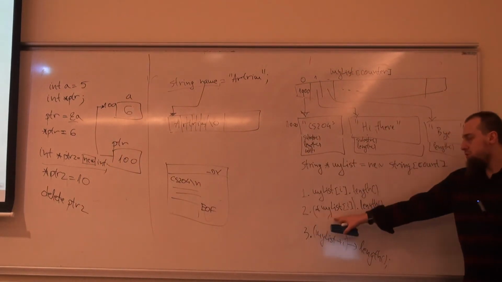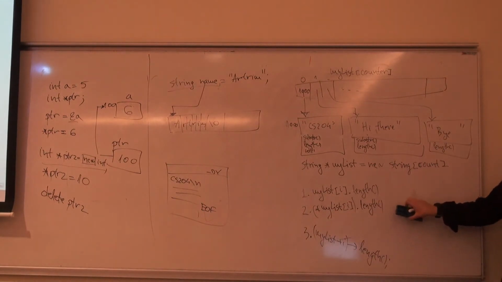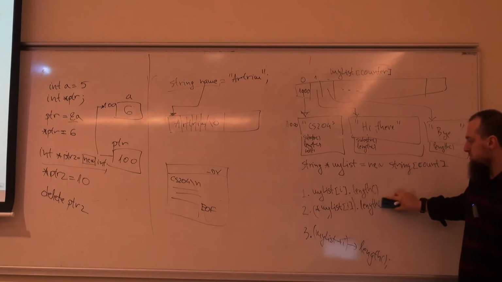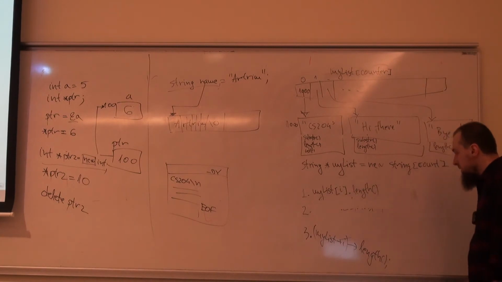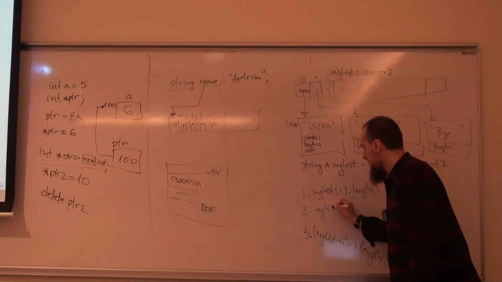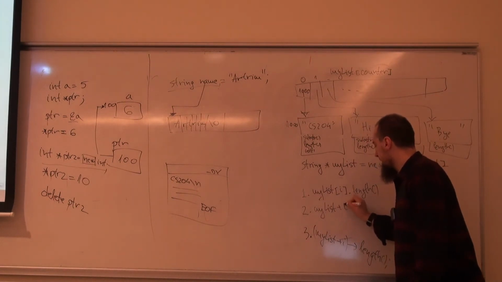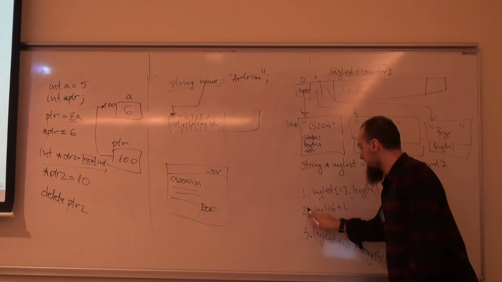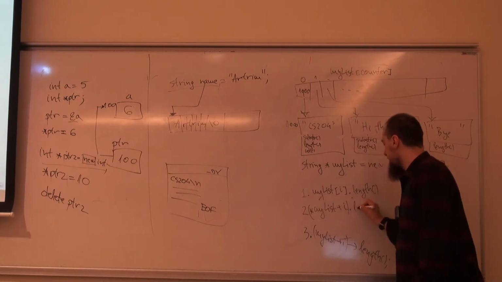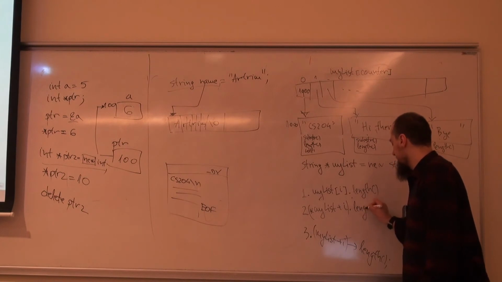Although you can use this guy here, I would suggest not to do it like this. My list I can be used in this manner: my list plus I, then you have a star here, and after the star you are accessing the length.